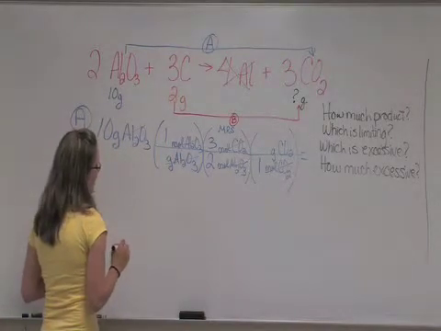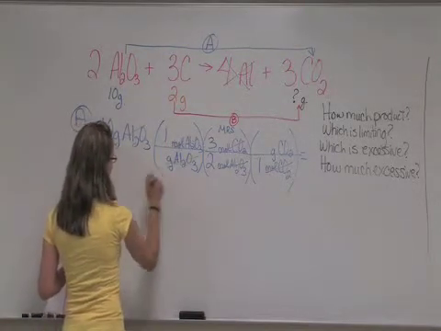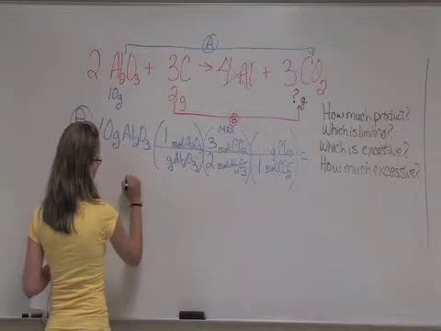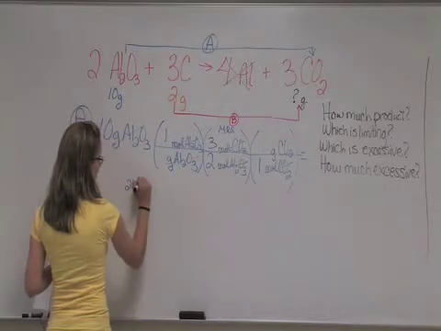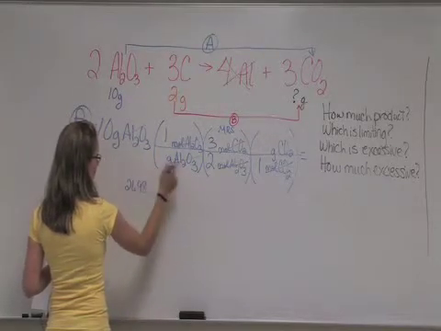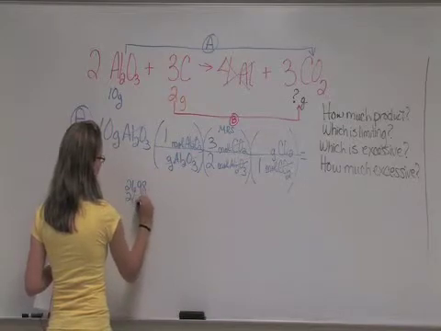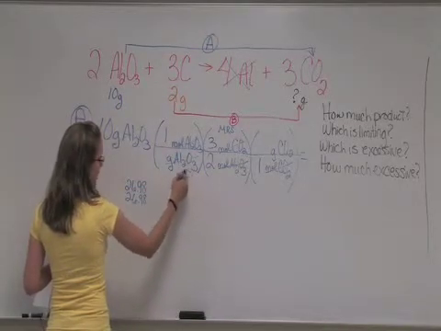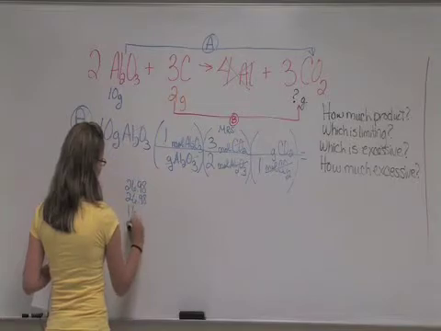Grams off the periodic table. Aluminum is 26.98, but I have 2 of them. And oxygen is 16, but I have 3 of them.